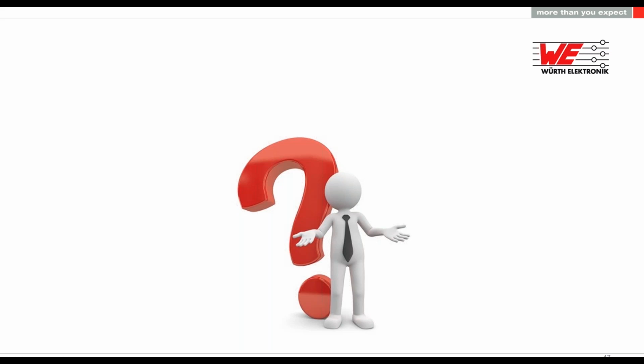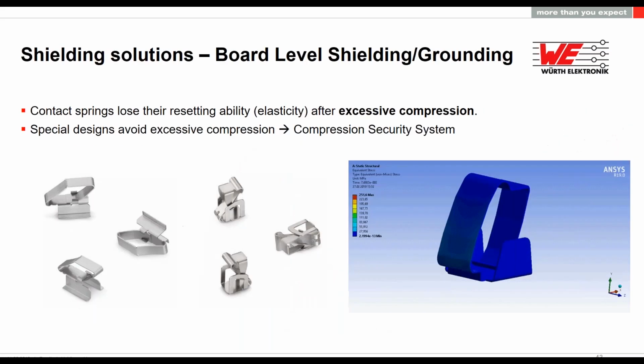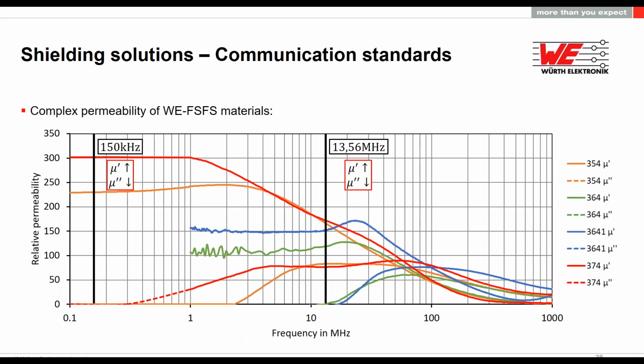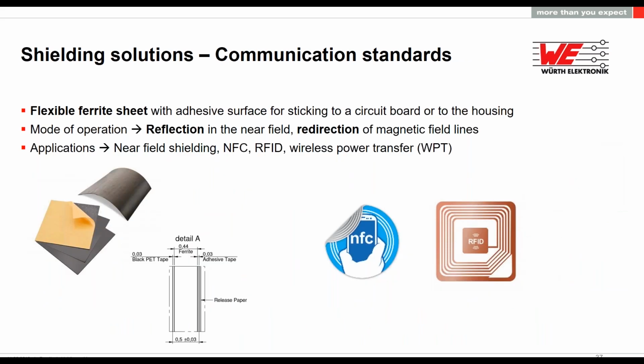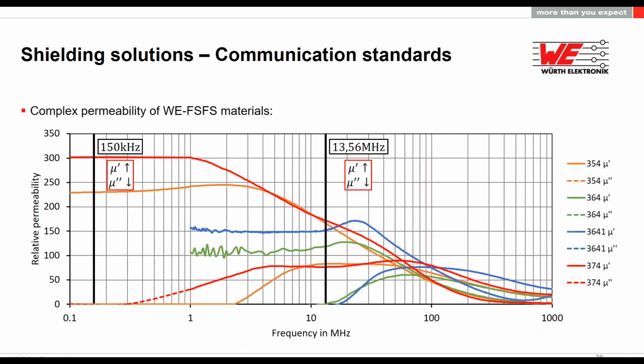So first question for you, Antonio. Why is it important to know the permeability behavior of a magnetic material? As we said, if we go to the slide, it's important to know where the material is acting as a reflection and when it's acting as an absorption, especially for communication applications.